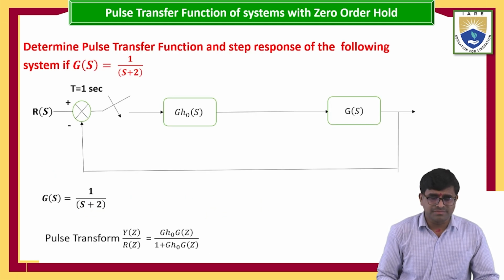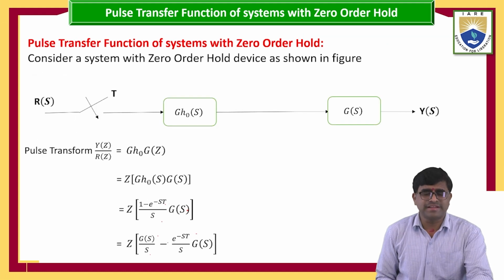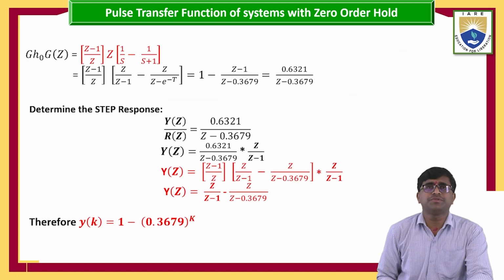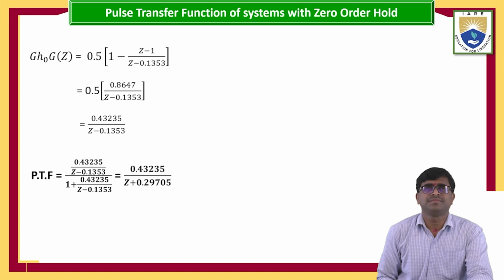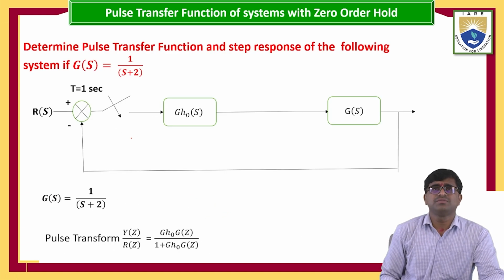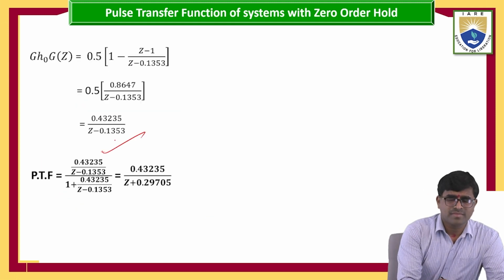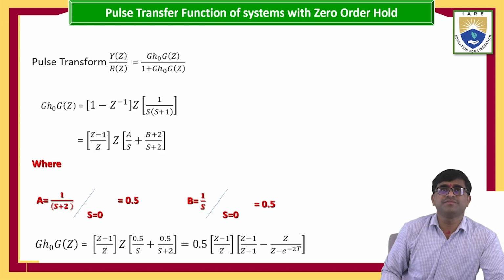If you substitute this one, what happened? This is the pulse transfer function. Substitute this value here. It is unit feedback, no? This value by 1 plus this value, negative feedback.